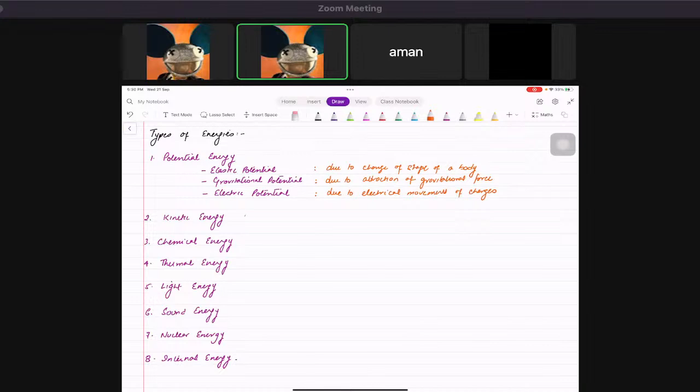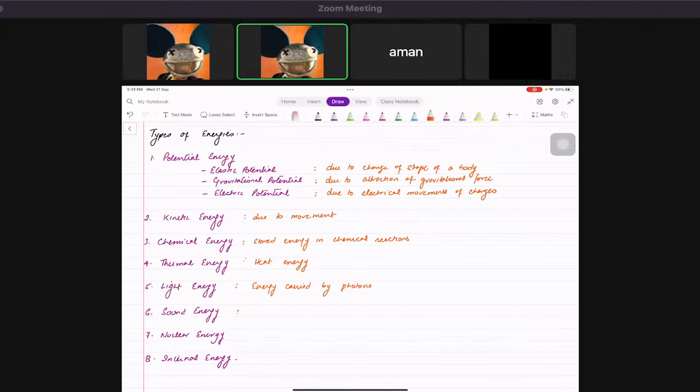Then you have kinetic energy, that's purely due to movement. Chemical energy, that is stored energy in chemical reactions. Then you have thermal energy. Thermal energy is the same as heat energy. There is no difference really. Light is the energy carried by photons.